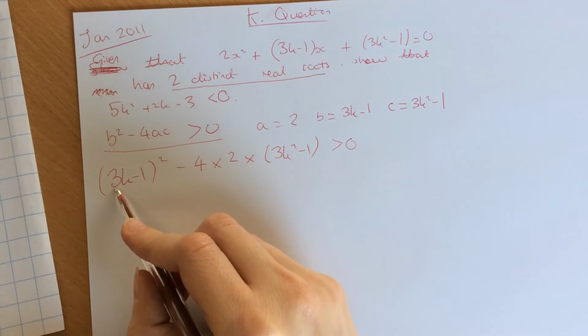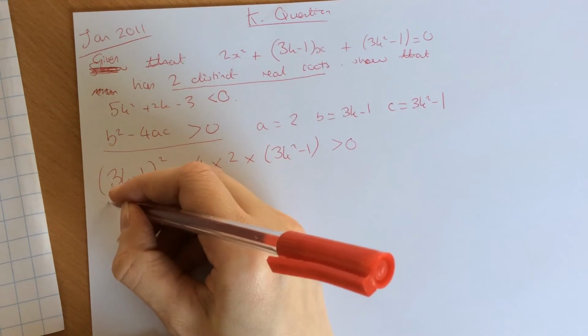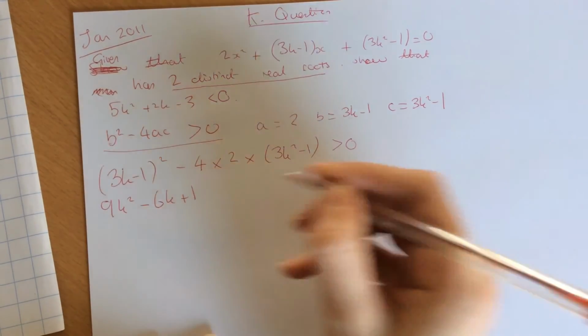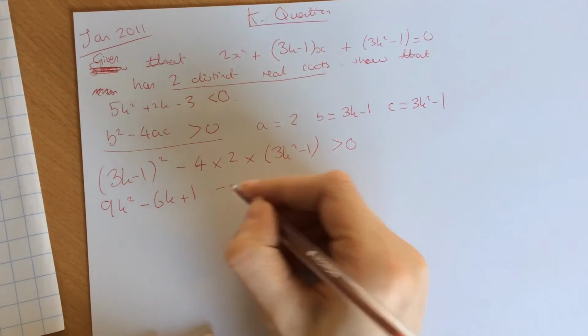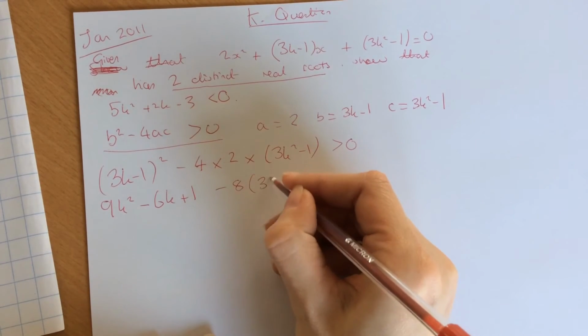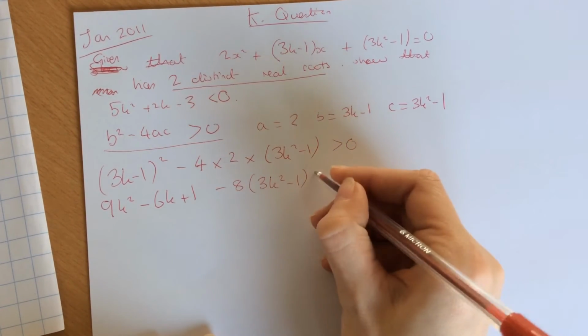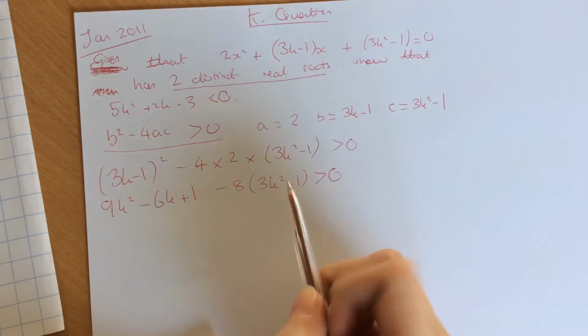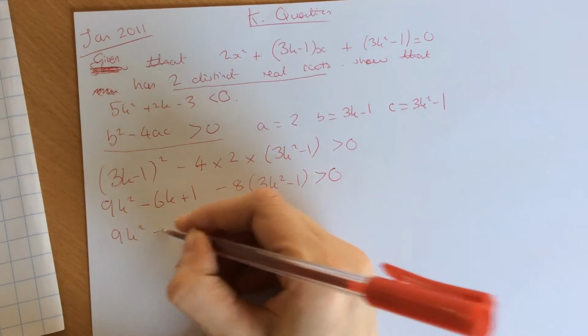So, FOIL this out then. So we're going to end up with 9k squared minus 6k plus 1. This will become minus 8 times the bracket 3k squared minus 1, and that's still greater than 0. Expanding this bracket then, so we'll keep this the same for a minute.